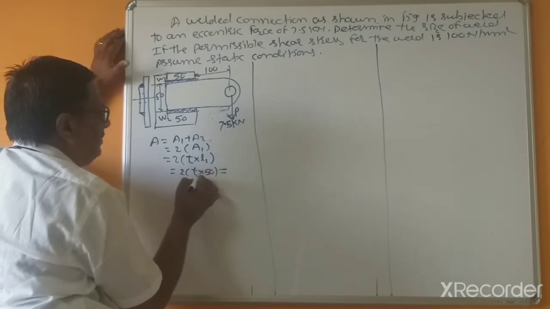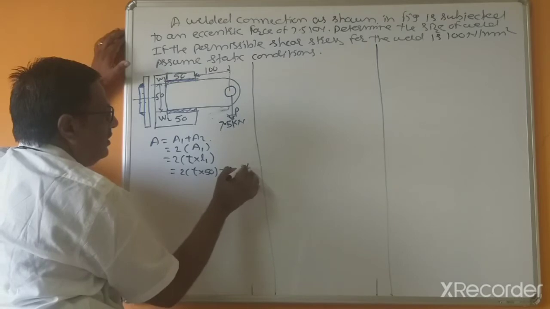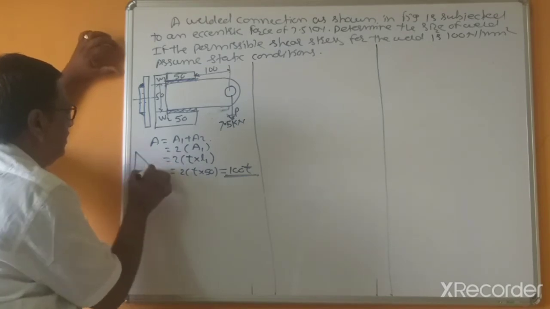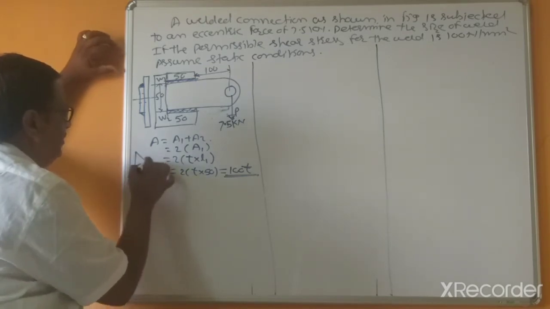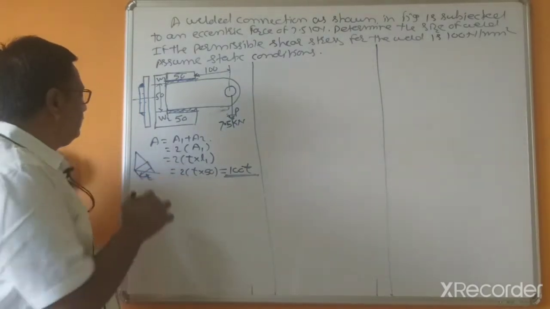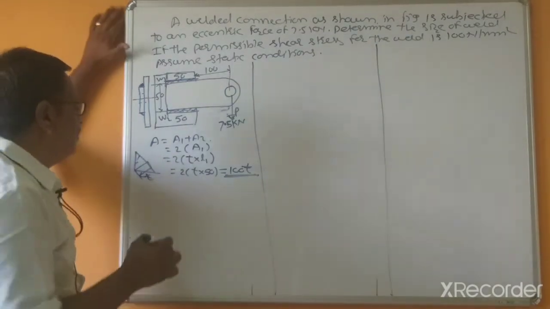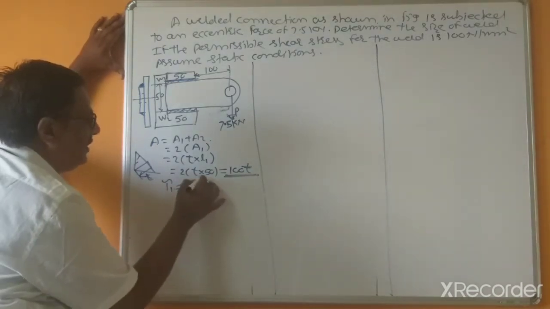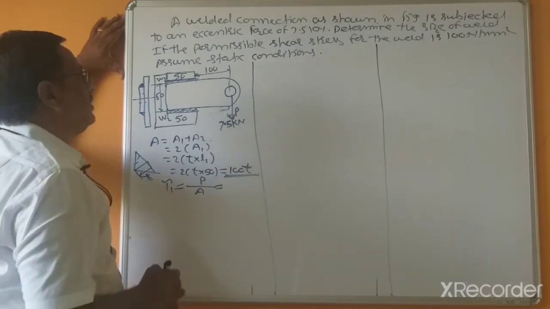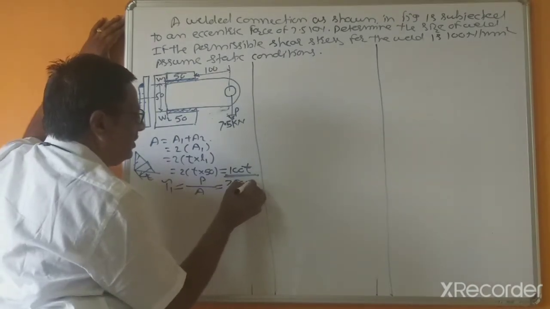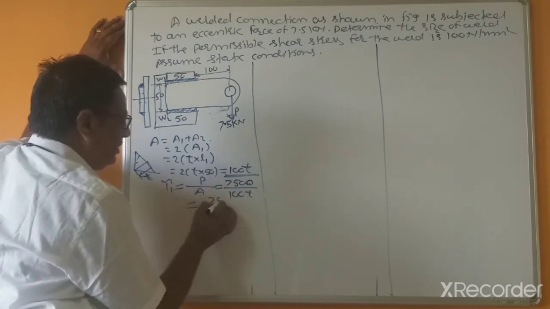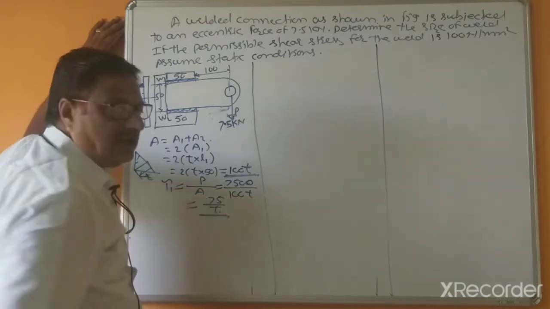That's why this becomes 100 T. T is the throat, this distance is T. Now tau 1, the primary shear stress, equals load divided by area, that is 7.5 thousand divided by 100 T. This becomes 75 divided by T.